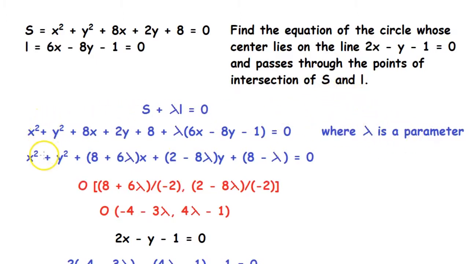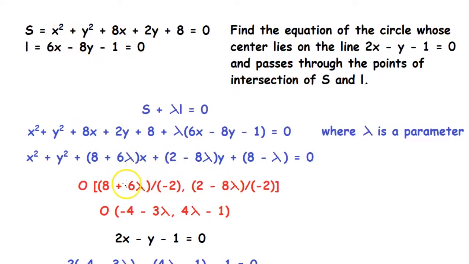When we rearrange this, we get the equation x squared plus y squared plus 8 plus 6 lambda into x plus 2 minus 8 lambda into y plus 8 minus lambda equals 0. So this is the common equation for all the circles passing through the points of intersection of S and L.